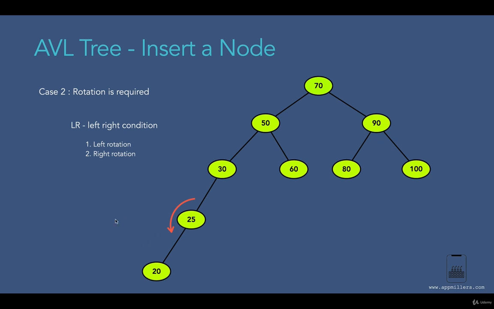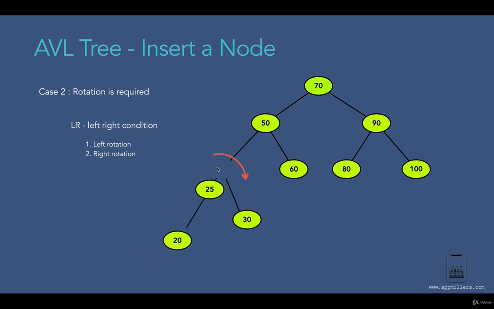After finishing the left rotation, we do a right rotation for the disbalanced node, which is 30. When doing a right rotation, the disbalanced node becomes the right child of its left child, and the left child remains the same.